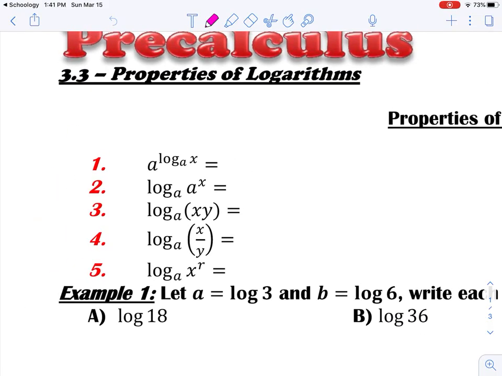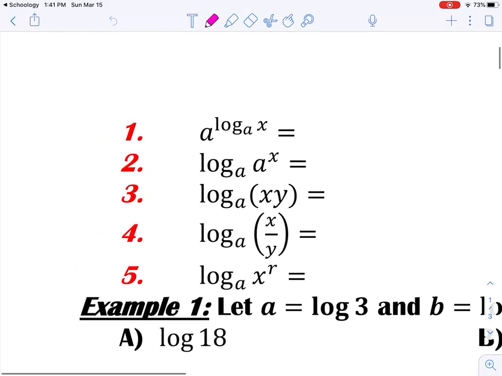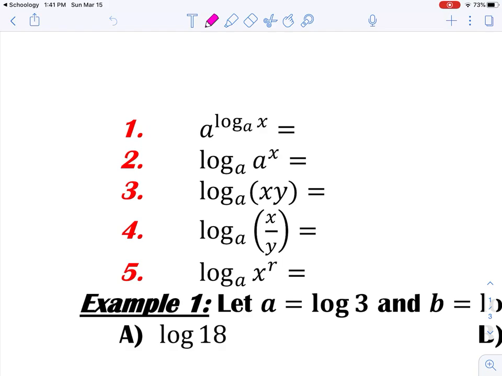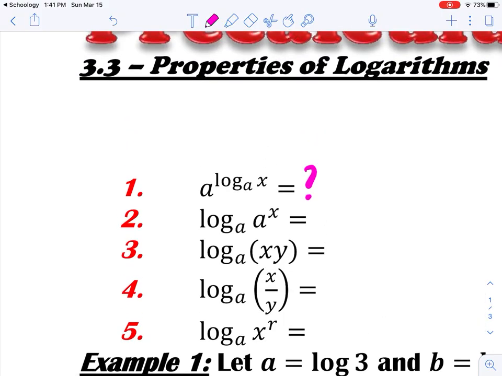Okay, so what we're talking about today is properties of logarithms. The first property that we have here is a to the log base a of x equals question mark. Instead of giving you what this is right now, I'm going to say, I don't know how to solve this, so I'm going to rewrite it as a log to see if it helps me.